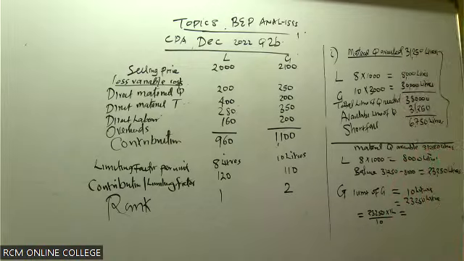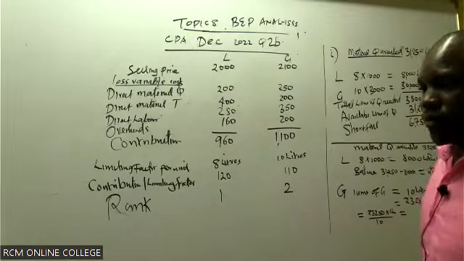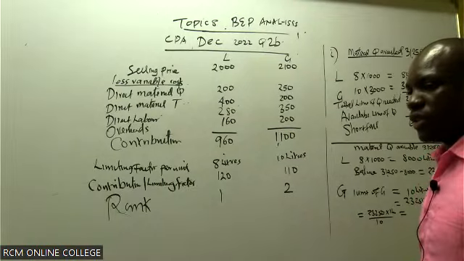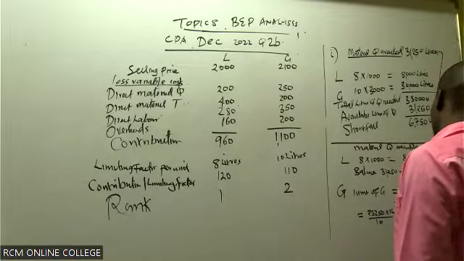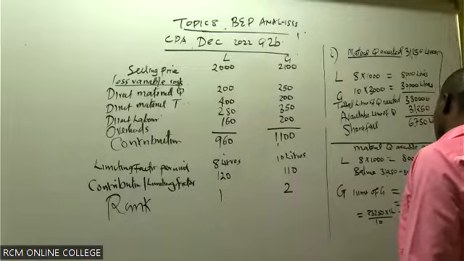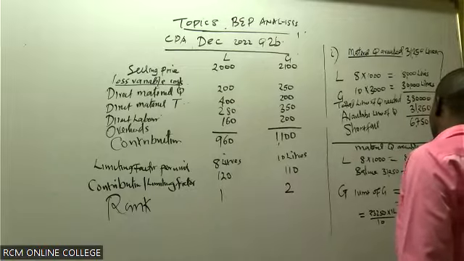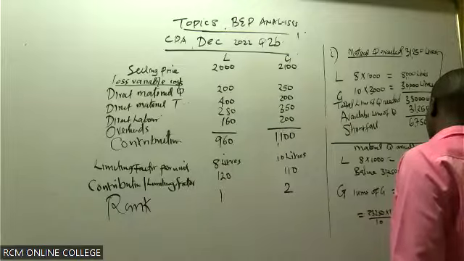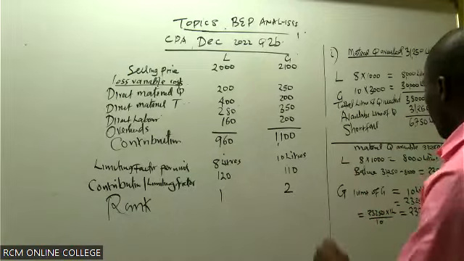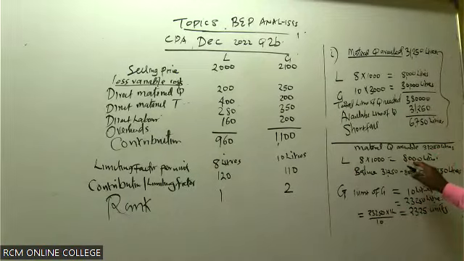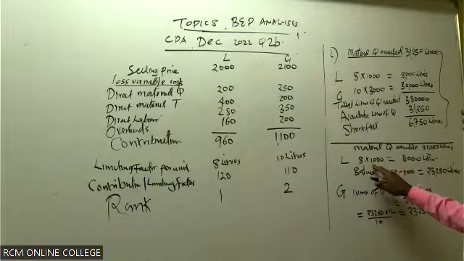Sorry, 2,325 units. They will manage to produce 2,325 units of G and produce 1,000 units of L.